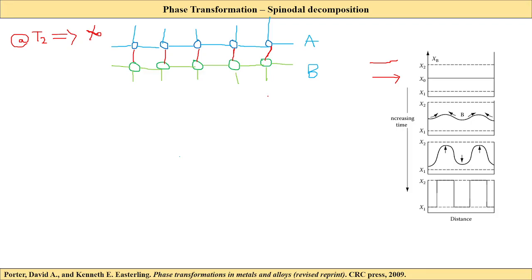Now, back to this point. At first, I was at T2, and my composition is at X0.